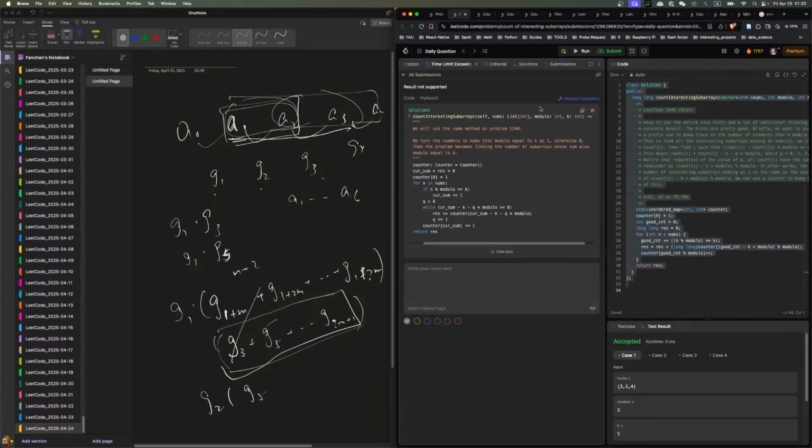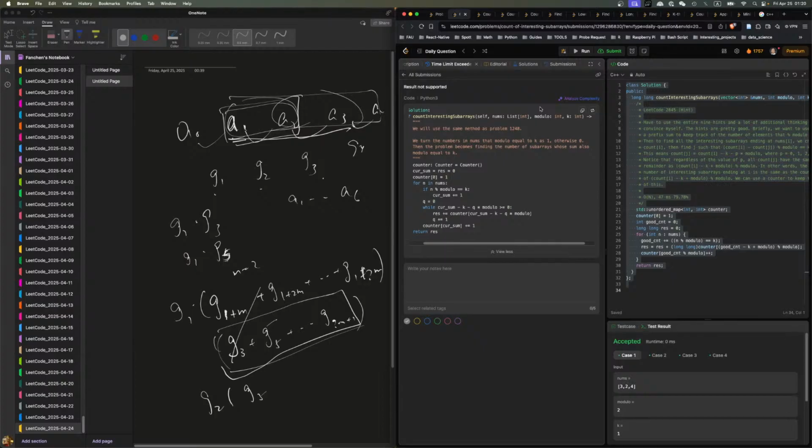Not necessarily k, it could be a multiple of k. A sum's modulo.